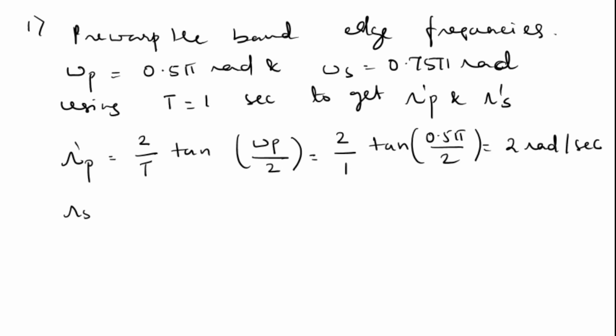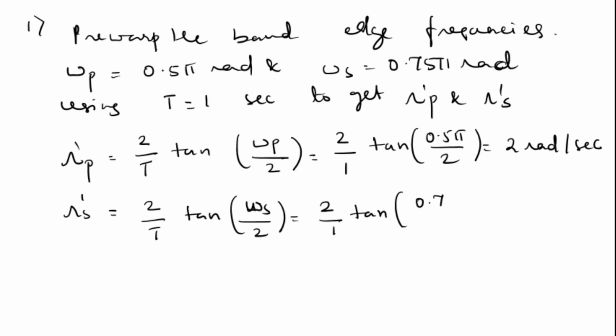Then omega s dash is equal to 2 by T tan of omega s by 2, which is equal to 2 by 1 into tan of 0.75 pi divided by 2, which is equal to 4.8282 radian per second.